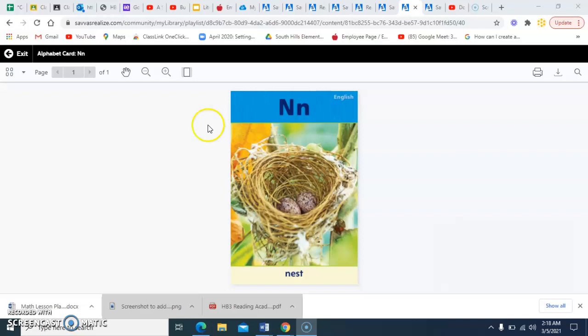And so make sure that you can tell the difference. So letter N is also for nest. And then we have the word nest, nest. And then we have the capital N, lowercase n. And then remember that it makes the sound.